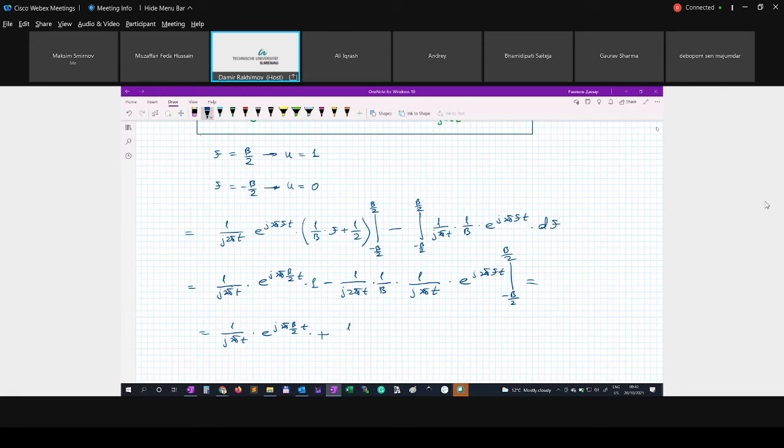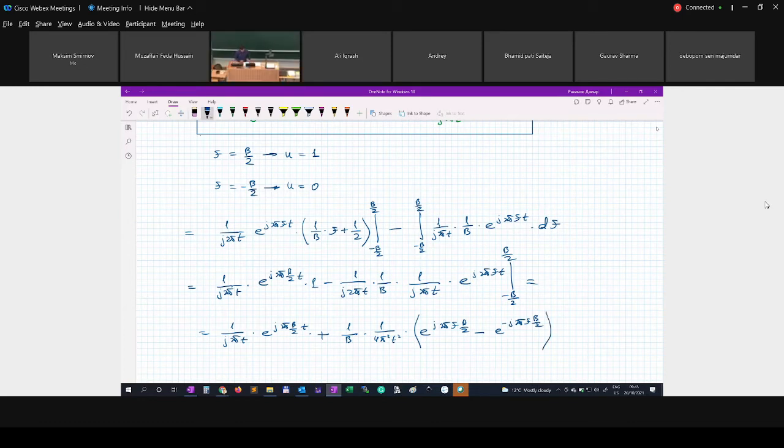Then we have 1 over b times 1 over 4 pi squared t squared times, and then we have exponential function j 2 pi f t over 2 minus, actually I put parentheses because expression in front of it will be the same, minus, and then we have exponential function minus j 2 pi f t over 2.